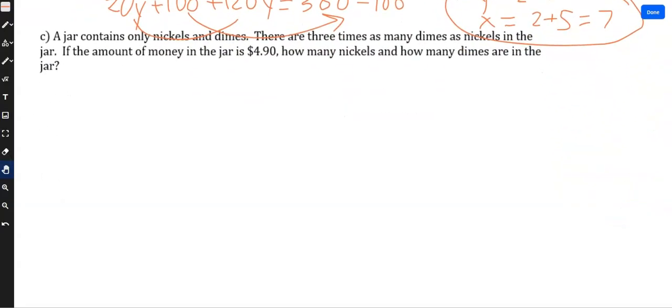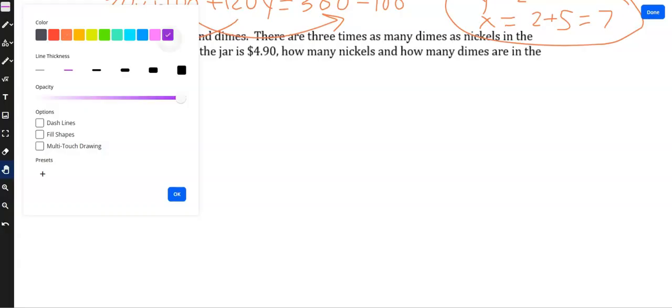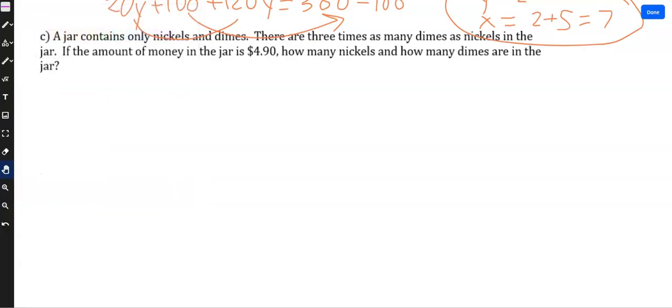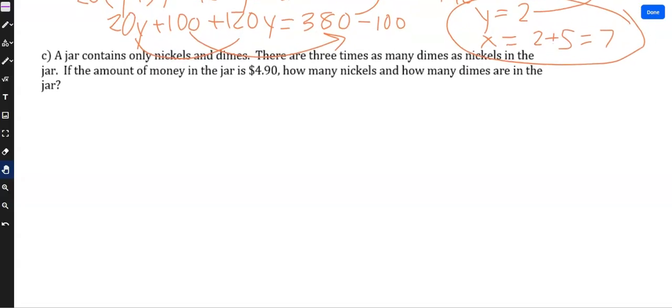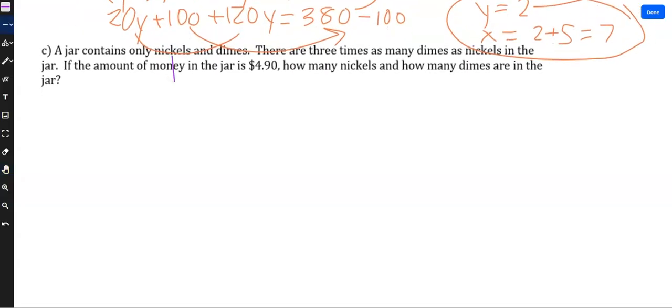Now, on the next question, a jar contains only nickels and dimes. We'll call the nickels X and the dimes Y. Then it says there are 3 times as many dimes as nickels.